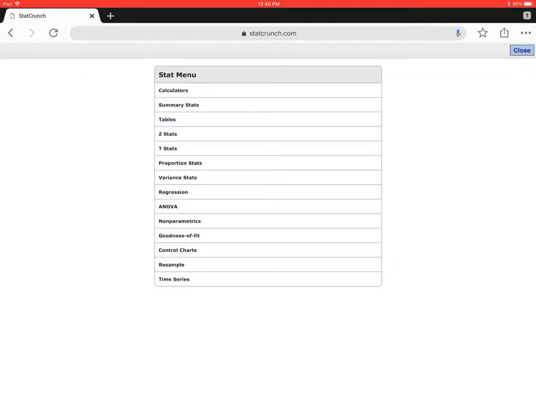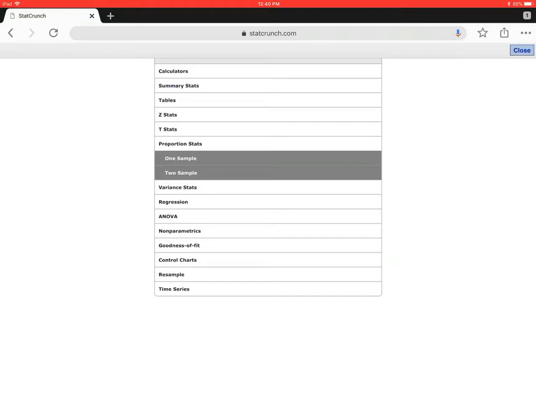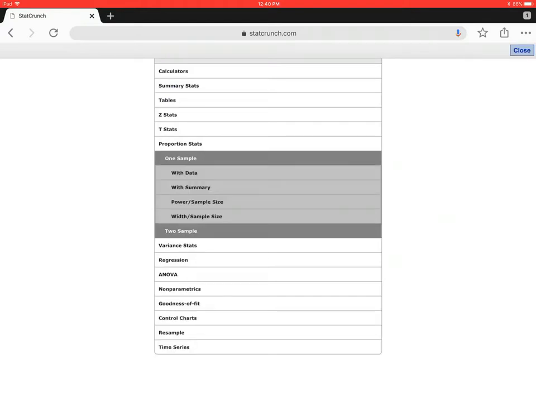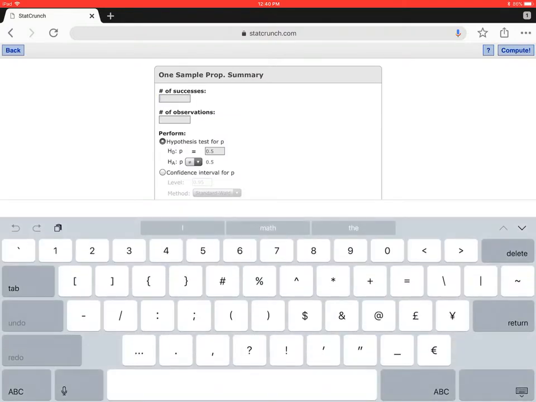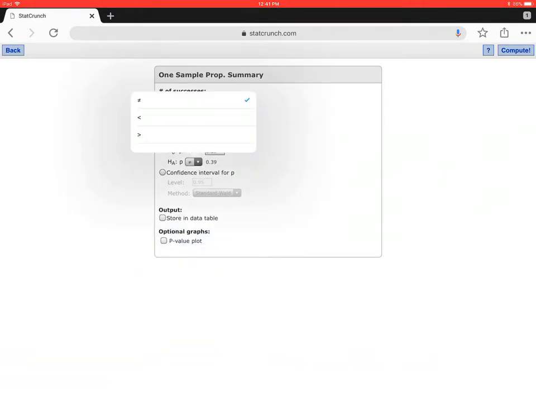Okay, so I'll flip over, go to Stat, Proportion Stats, since I've determined that I'm talking about percentages. One sample with summary again. Put in the 680, 1927, running a hypothesis test. We thought it was equal to 39%, and we're specifically trying to show that it is now less than that.